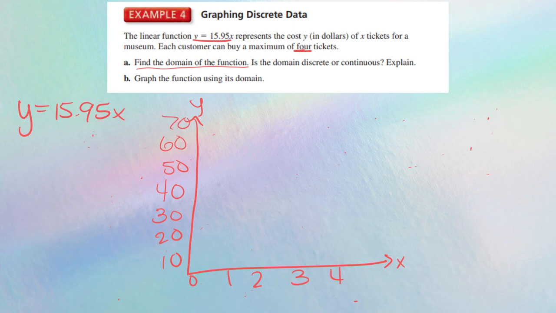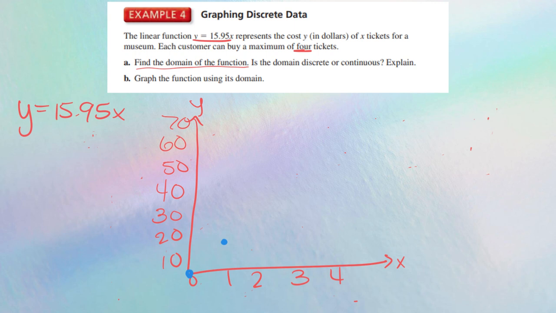Who remembers what my first one was? My first one was 0, 0, correct? What was it when I purchased 1 ticket? What was the total of one ticket? It was $15.95, right? So it's going to be somewhere around here, correct? What about when I had 2 tickets?